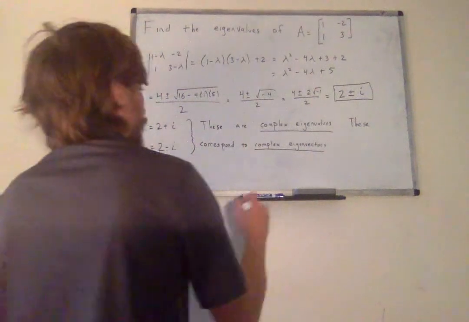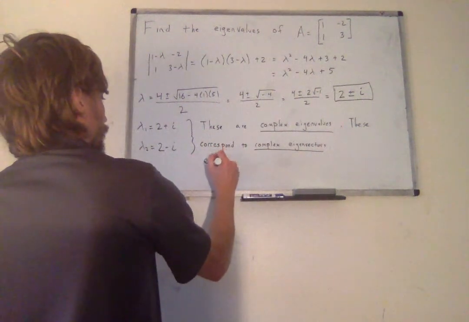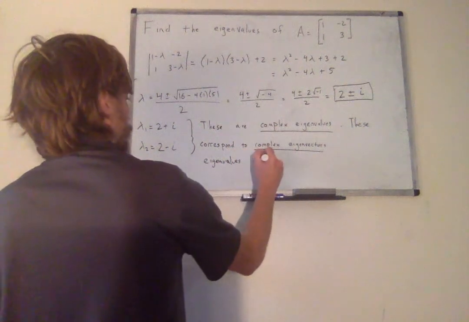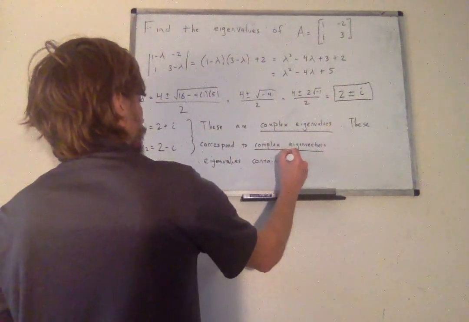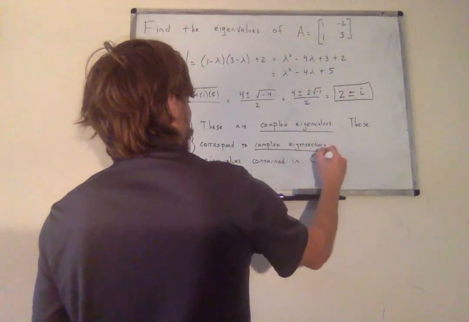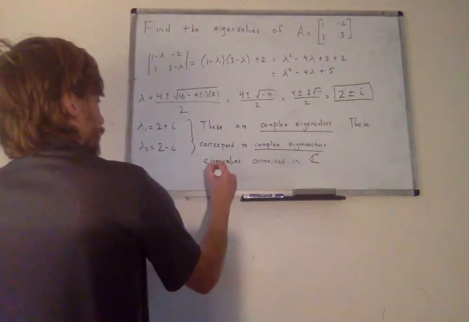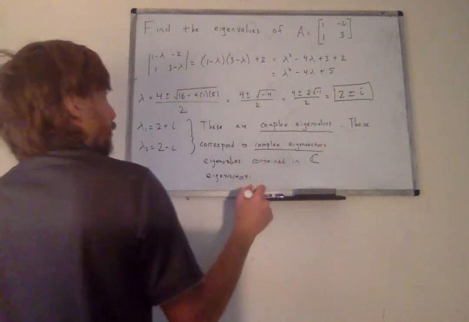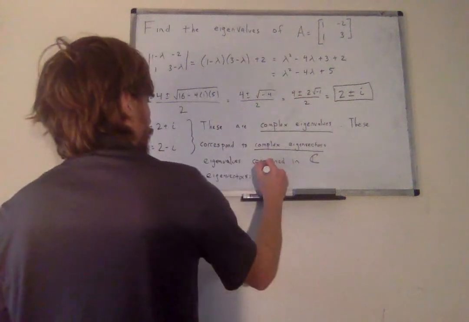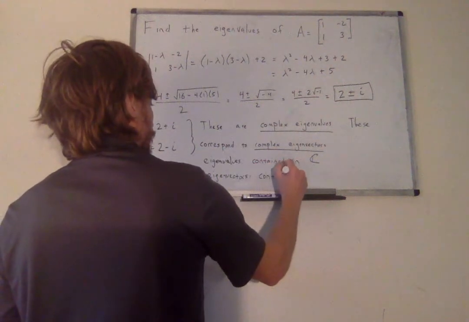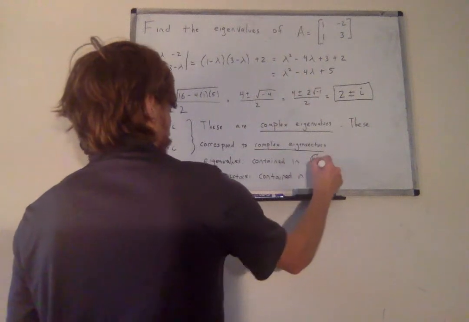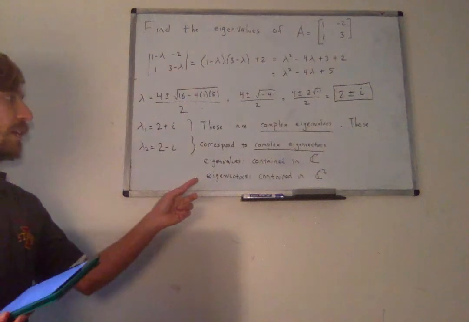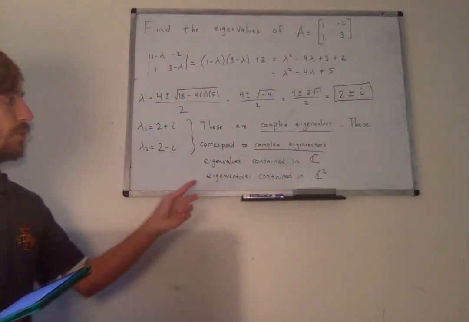And so we would say that the eigenvalues are contained in the set of complex numbers, which we will usually abbreviate with a fancy C like this. And in the complex case, we're only ever going to be looking at 2x2 matrices. So we know that eigenvectors are contained in the set of all vectors of length 2 containing potentially complex numbers.